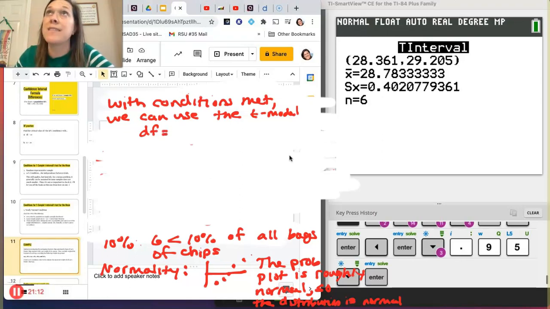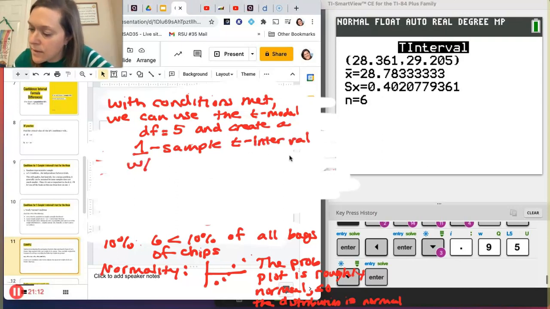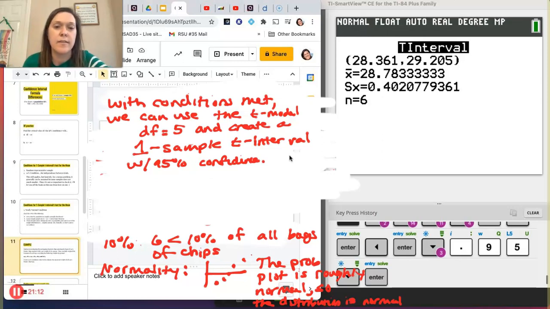Degrees of freedom would be 6 minus 1, so 5, and create a 1 sample T interval with 95% confidence.